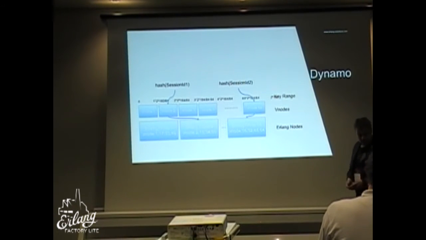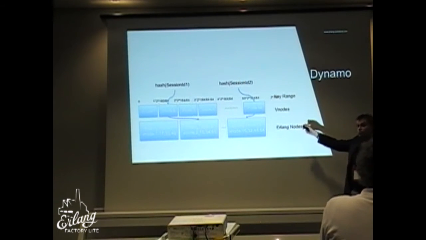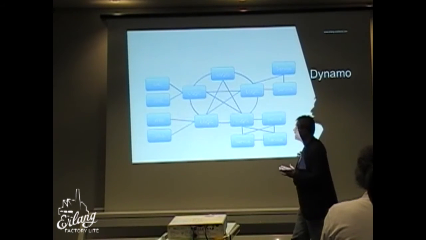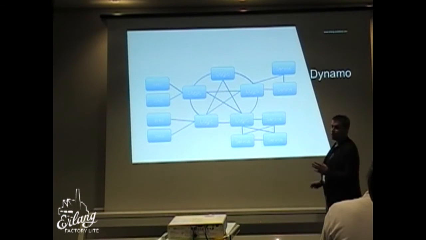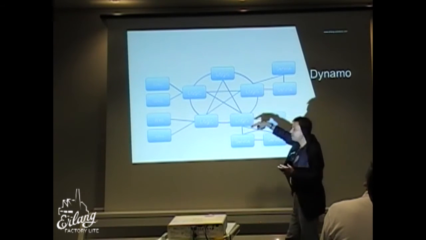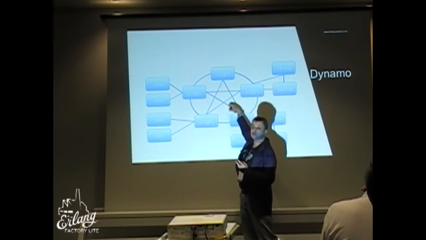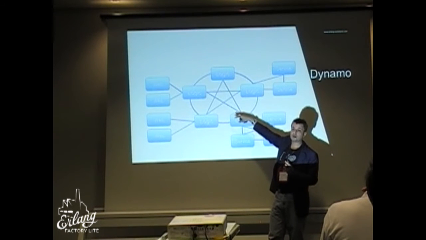And now Riak Core still uses distributed Erlang. That means you're still limited to about 70 to 100 nodes, depending on your pattern. But what you start doing is you start using your Riak Core ring with islands of services. So you start putting all of your service nodes and all of your front-end nodes connected to this massive ring right here.